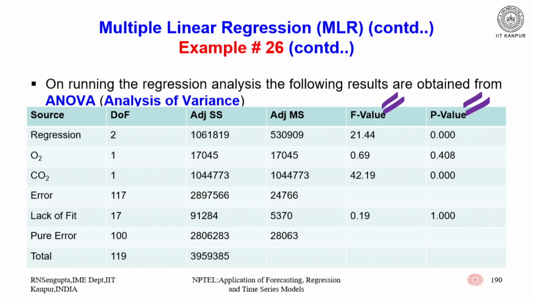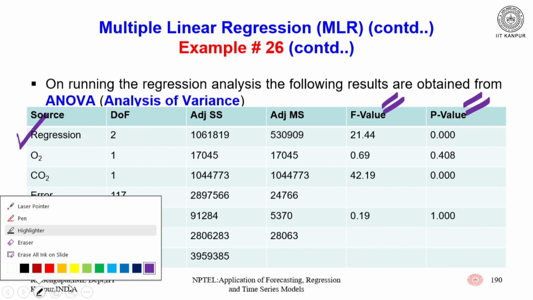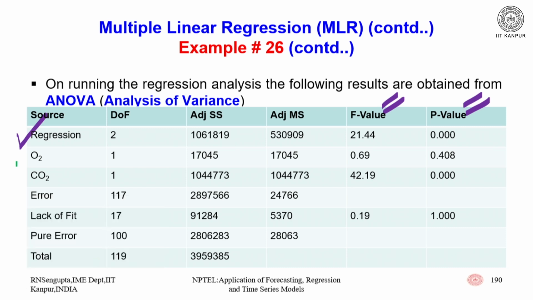So, if I consider regression with degrees of freedom 2, because of x1 and x2, based on 120 data points, the adjusted sum of squares and adjusted mean values are given in the first column, where I put a first tick mark. Then the adjusted sum of squares and adjusted mean square for the first variable and the second variable are given where I put a green tick mark and then an orange tick mark.